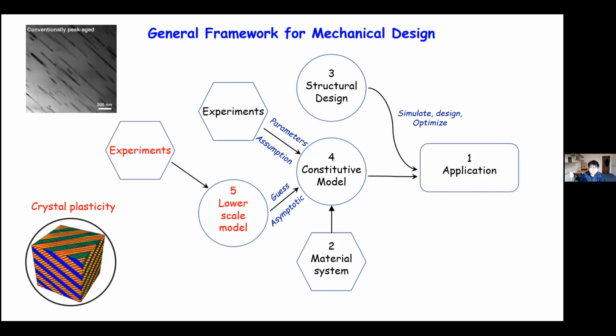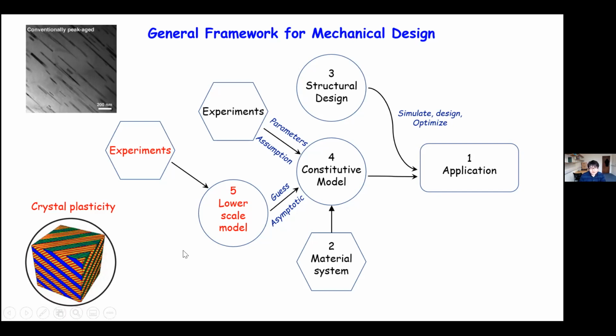And of course, if we ask where does this lower length scale model come from, again, it comes from lower length scale experiments, right? So here I'm showing you an image of the microstructure of a metal composite, an alloy basically, with precipitates. And again, we can play the same game.